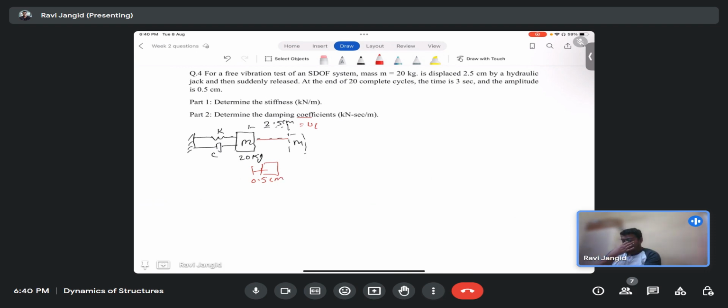So how is my system vibrating, oscillating?